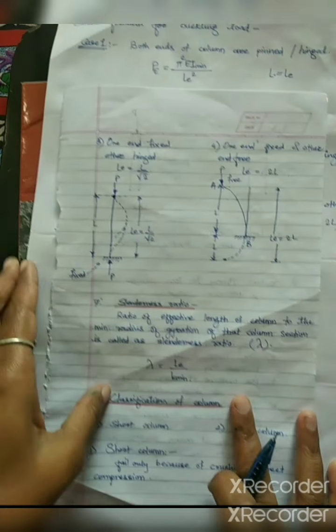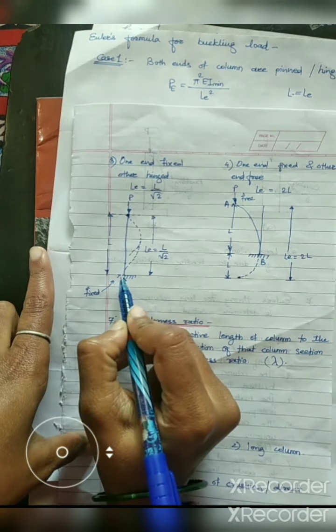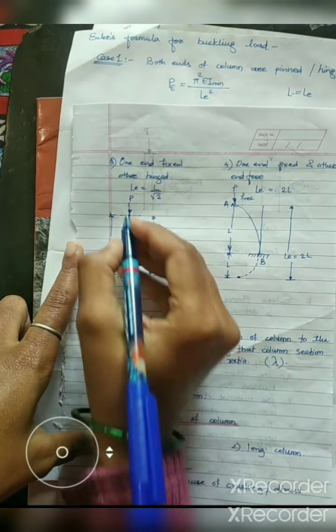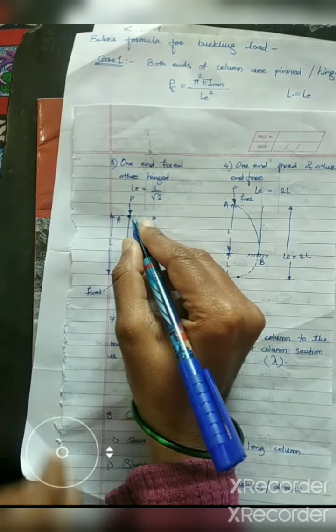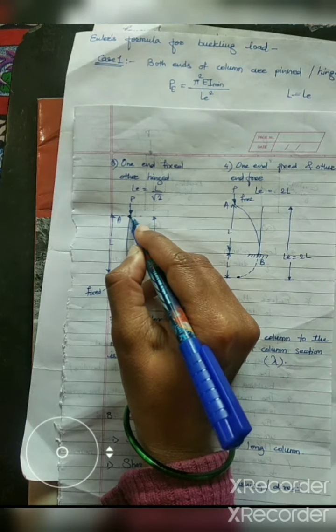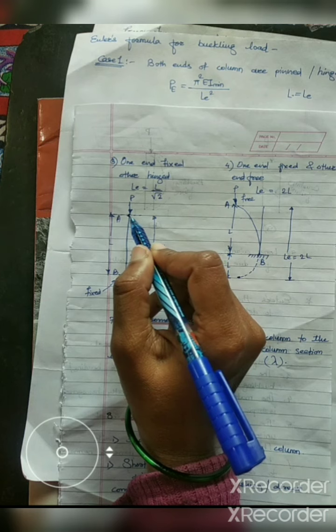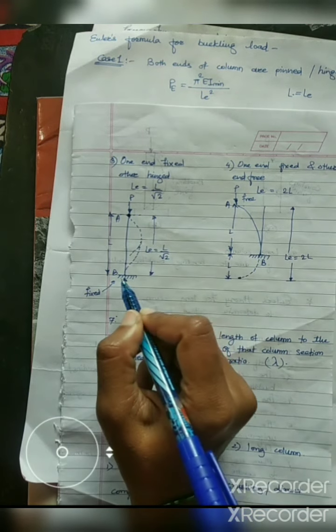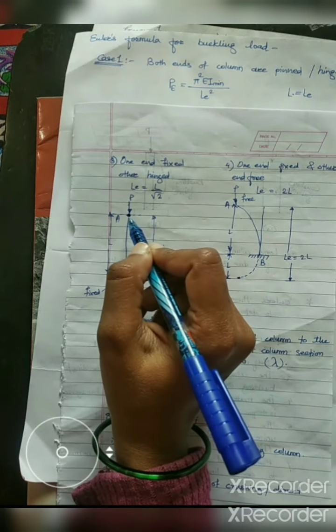The next condition is one end fixed and the other end hinged. Suppose this is the AB column. The A end is hinged, because the dot represents it. From the dot we can recognize this support is a hinged support, and this support is a fixed support. So one end is fixed, the other end is hinged.